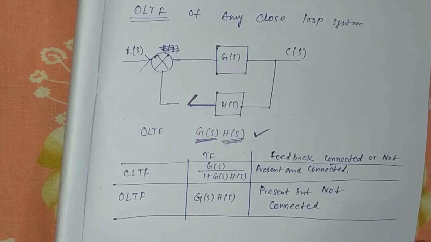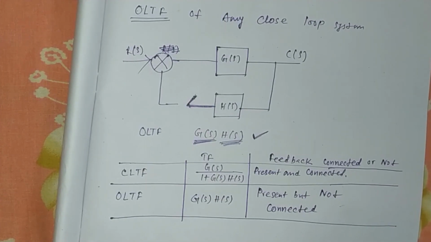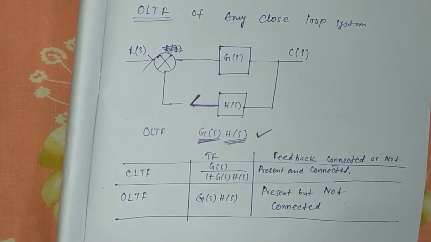In the next video I will start the methods by which you can tell the transfer function of any system by looking at the block diagram of that system, or the circuit of the system.